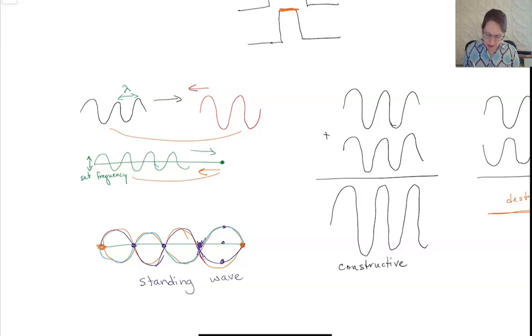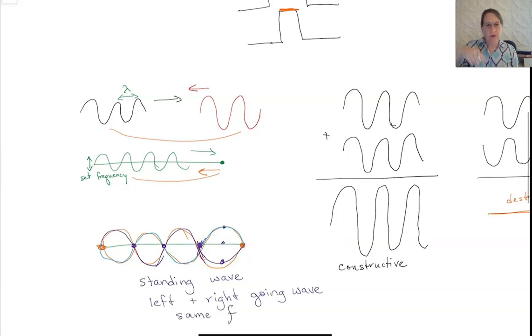that is made up of a left plus right going wave, where we've got the same frequency, so it's created by the same oscillation, same speed, which is easy if we're in the same material, right?